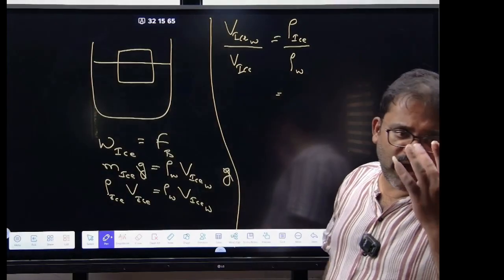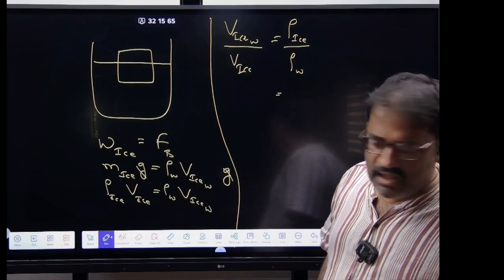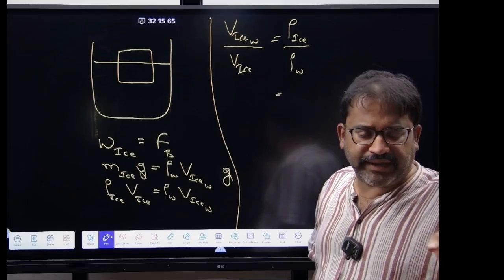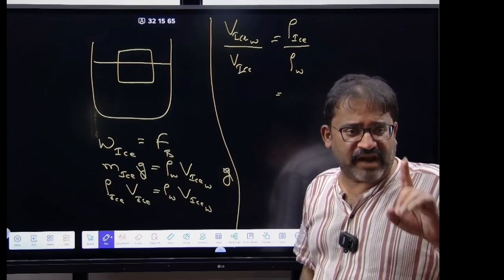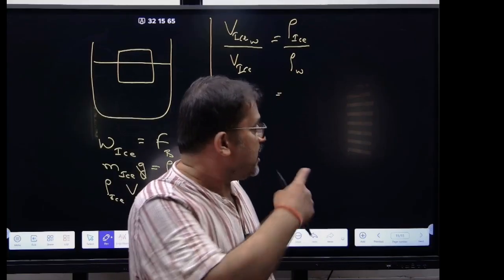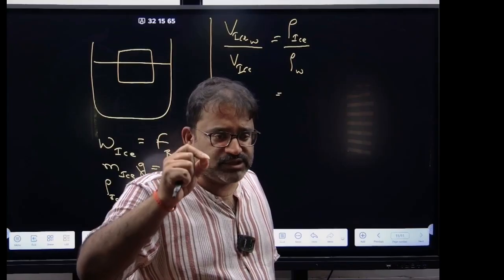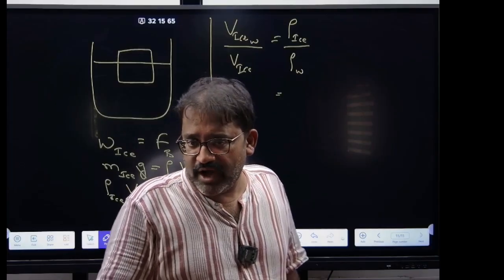What is density of ice? 0.917. Is it in terms of gram per centimeter cube or kg per meter cube? Gram per centimeter cube. Then remember that if it is in gram per centimeter cube, you need to substitute the density of water as 1. If it is kg per meter cube, you have to substitute it as 1000. Are you getting it, children?